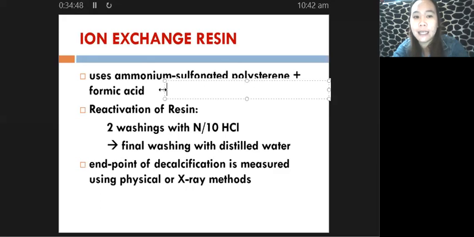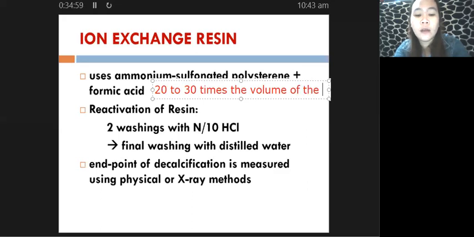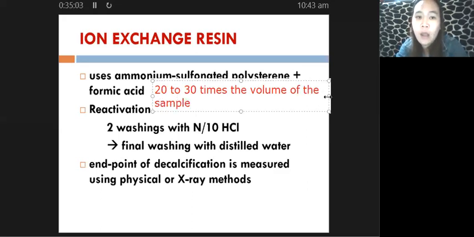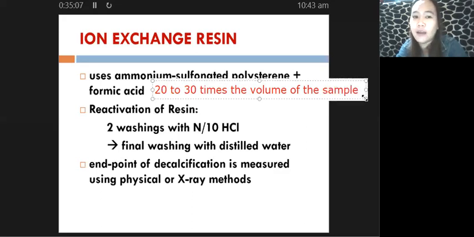And the volume that is required is 20 to 30 times the volume of the sample. So this is the required volume for ion exchange resin.